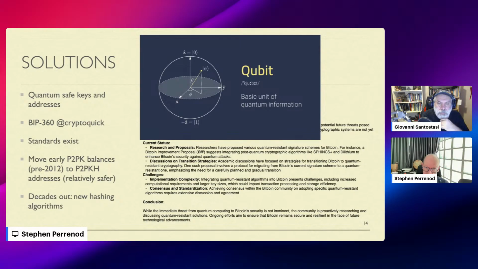Now, remember that there were 2 kinds of coding: addresses that are visible with P2PK and those that are hashed, where the public keys are only visible on the fly. One mitigation people can do: if you have any early balances pre-2012, then those, along with Satoshi's coins and whales in general, are most at threat. They're going to go after the big balances first, and the easy ones, which would be those.